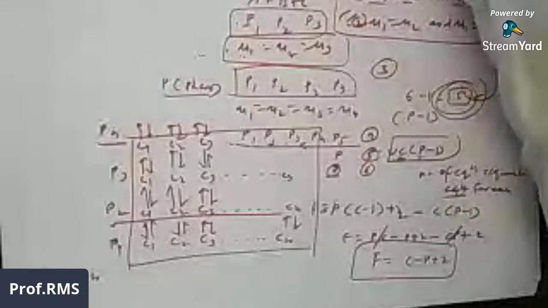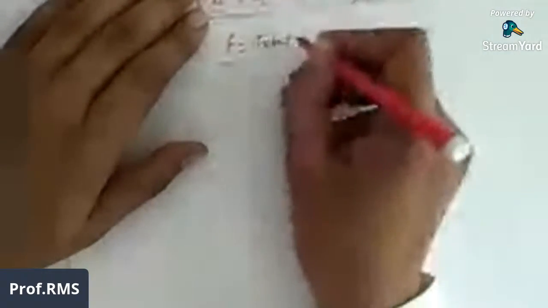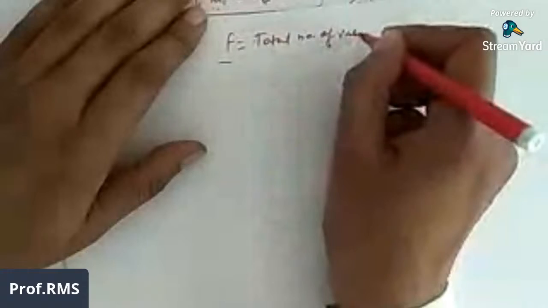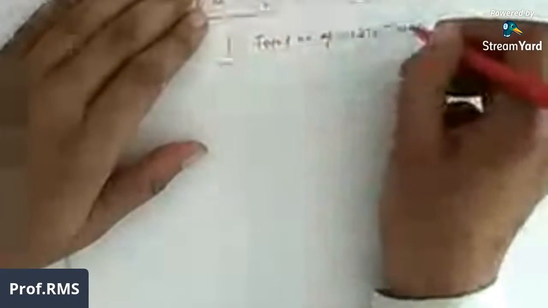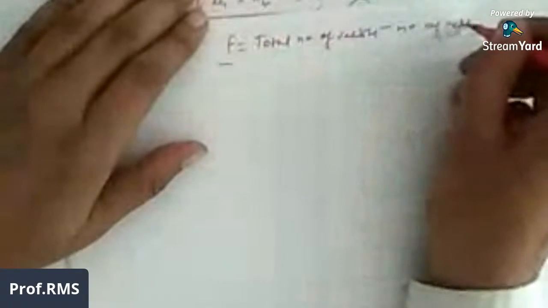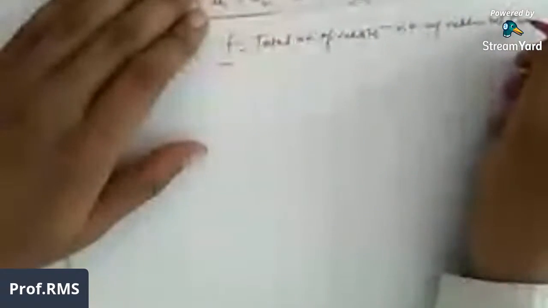For phase rule derivation, we mostly need the degree of freedom, that is, the total number of variables and the number of relations between them.